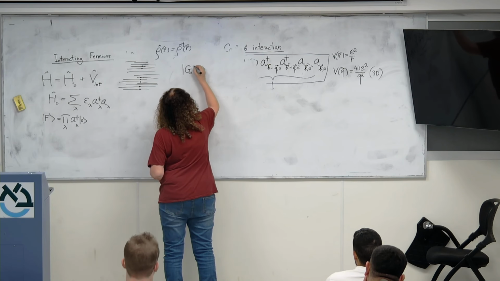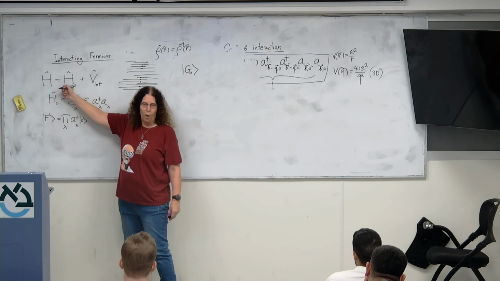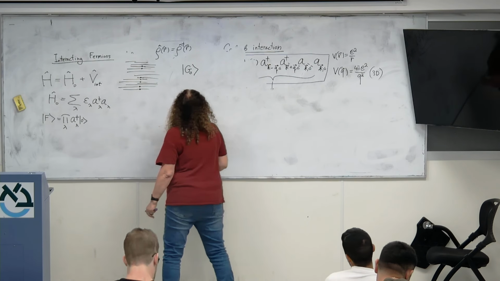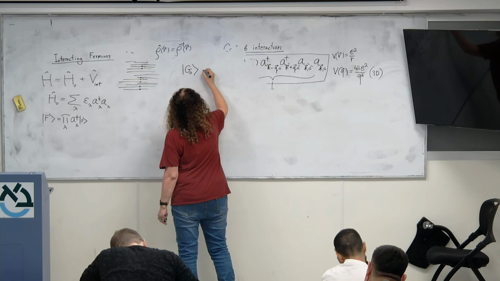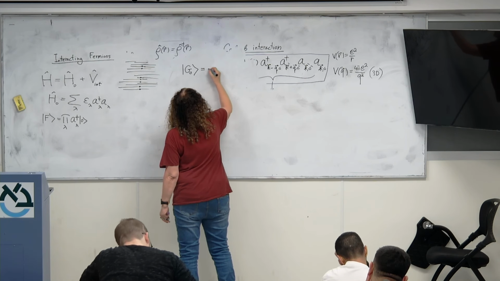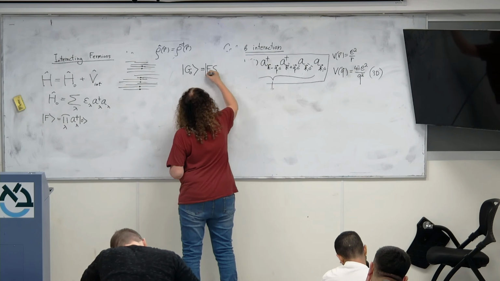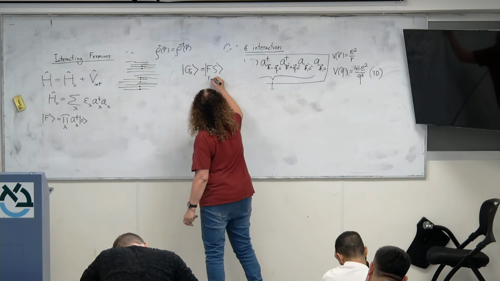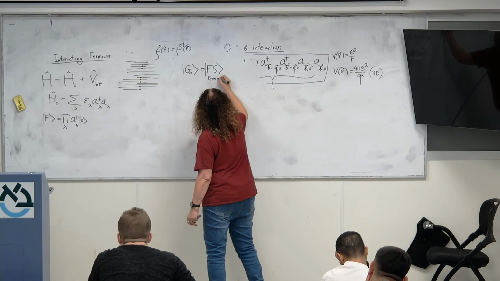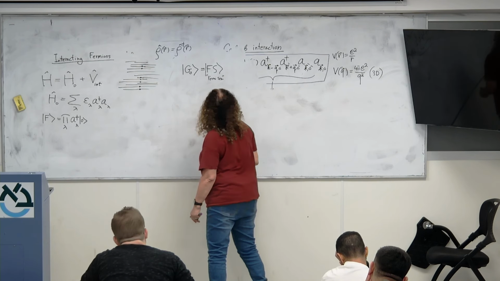let me call it G0 because it's the ground state of H naught. The ground state is actually something that, let me also give it another name, Fs for Fermi C. Okay, that's just a notation.